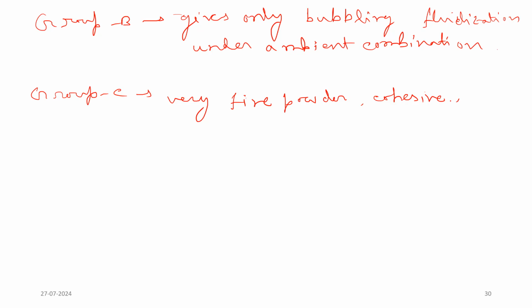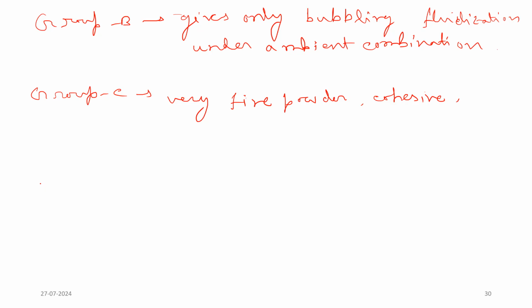So their size is very small, so the molecular interaction between the particles is very high. That is why the particles cannot separate from each other. You can see that we use talcum powder. It always forms like a lump. We cannot separate each of the powder particles, right? So that type of particles are group C particles.